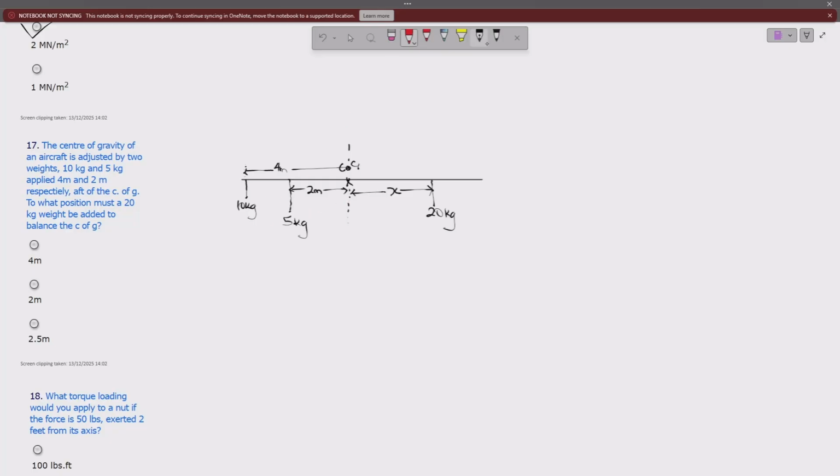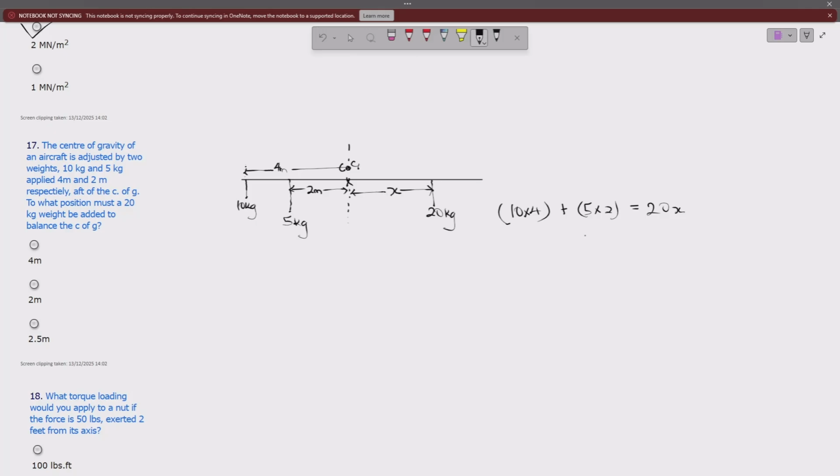So we're going to find the moment of each weight. So we have 10 times 4, plus 5 times 2, that will be equal to 20x.